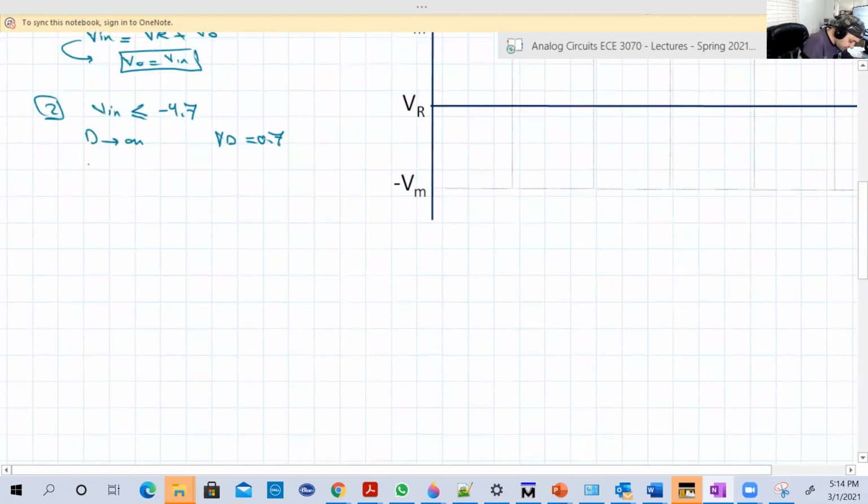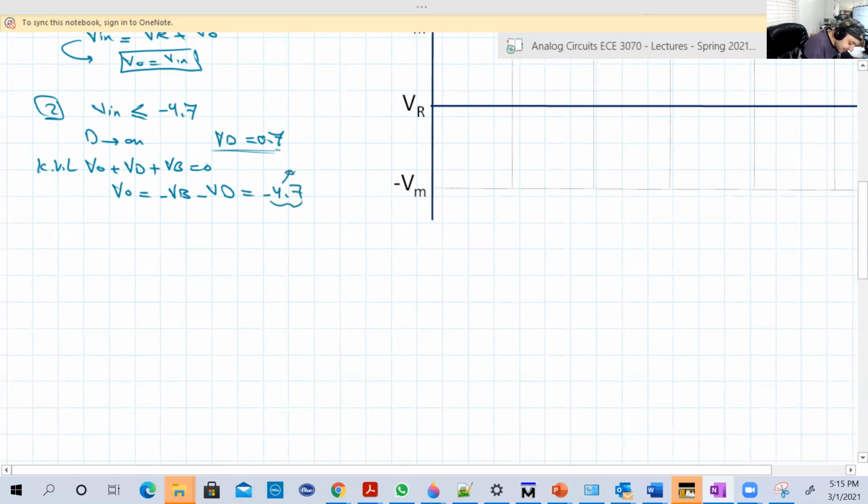So by Kirchhoff here, VO plus VD plus VB equals 0. So VO is equal to minus VB minus VD. In that case, VD is 0.7, and we know that VB is 4. So this is minus 4.7.